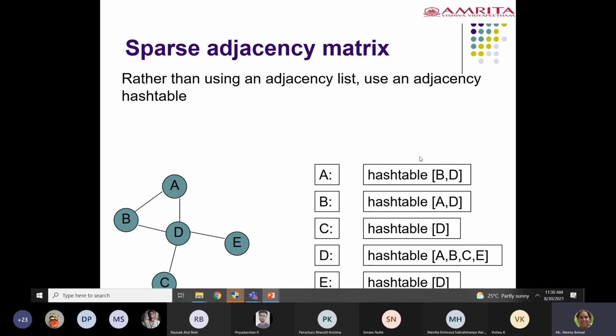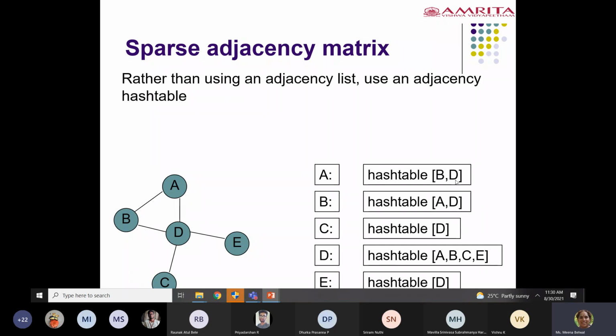Now, how will it help, and where will it help first of all? You can understand it like this. Basically, what was the problem with adjacency list?